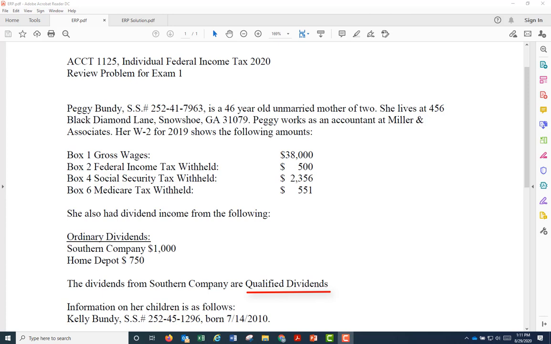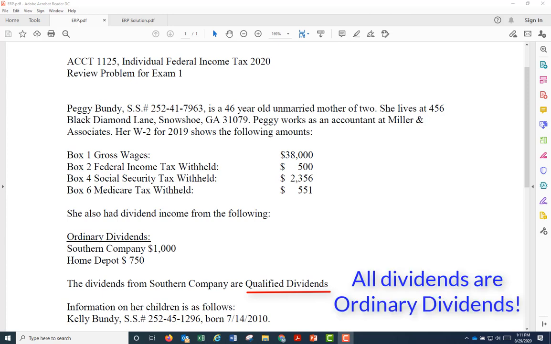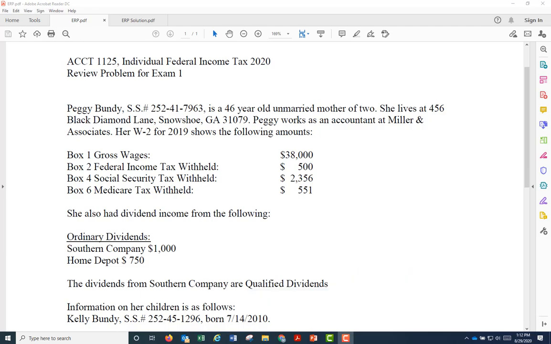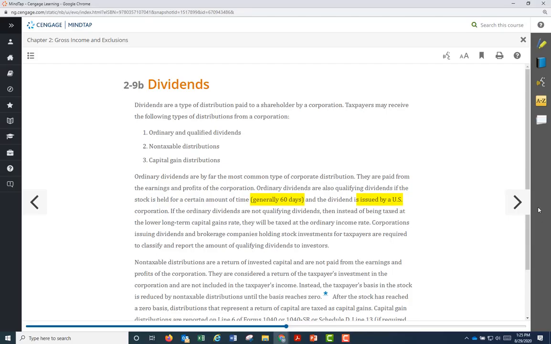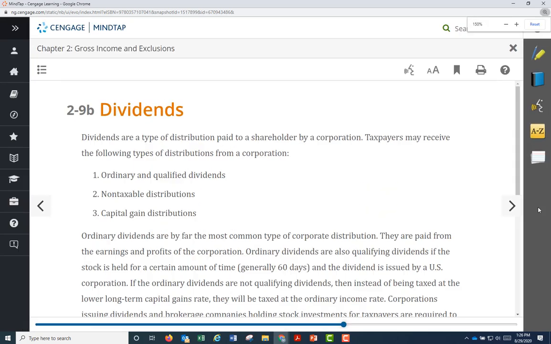I will tell you first, qualified dividends are ordinary dividends because all dividends are ordinary dividends. 2, it is qualified dividends because dividends from holding stock of a U.S. company and holding this stock for over 60 days, these 2 factors make it a qualified dividends.